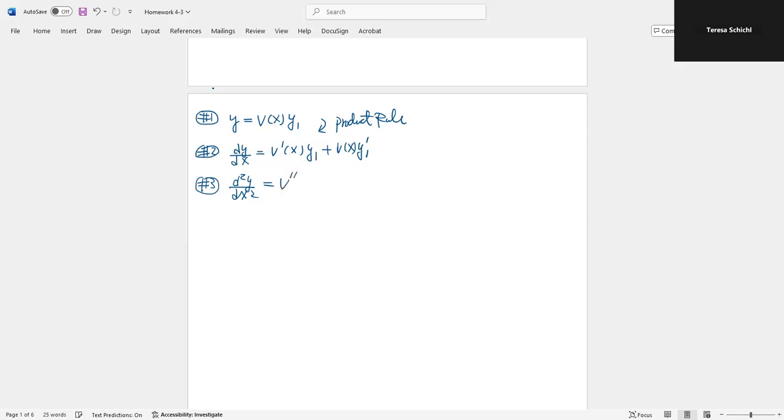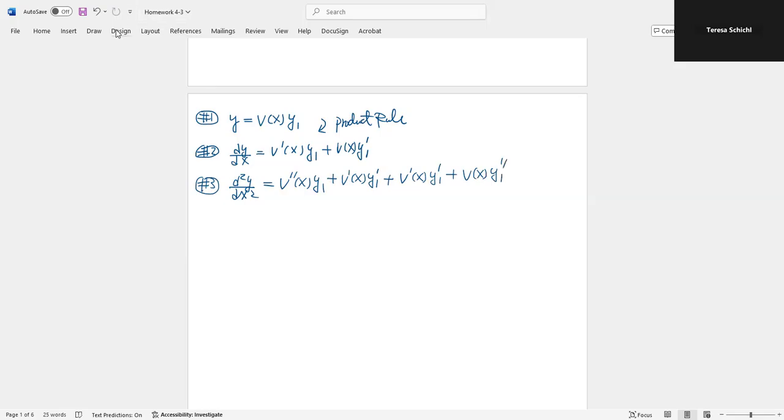So it's v double prime of x times y1, plus v prime of x times y1 prime, and then plus v prime of x times y1 prime, plus v of x times y1 double prime.